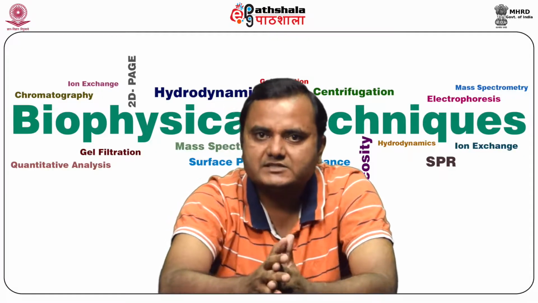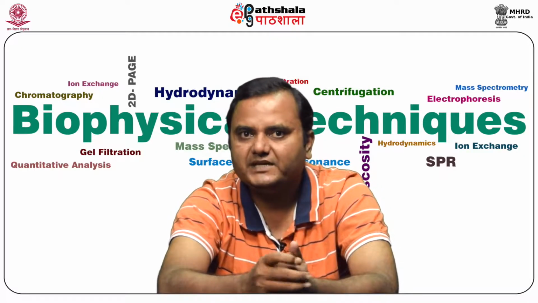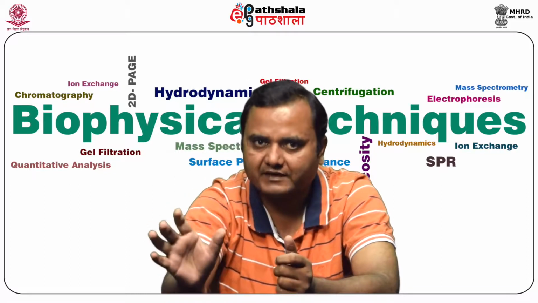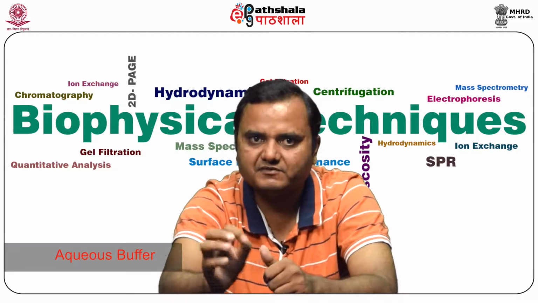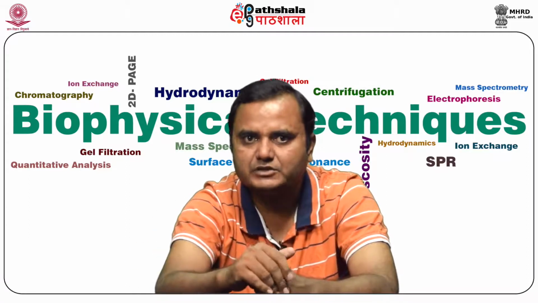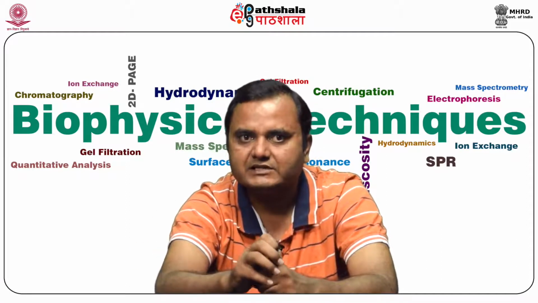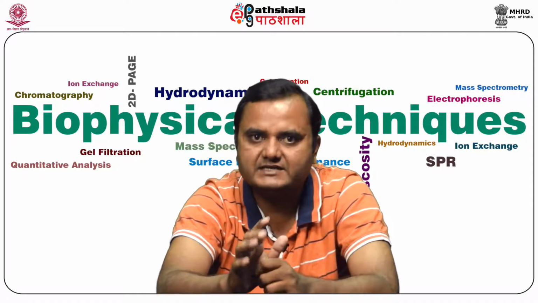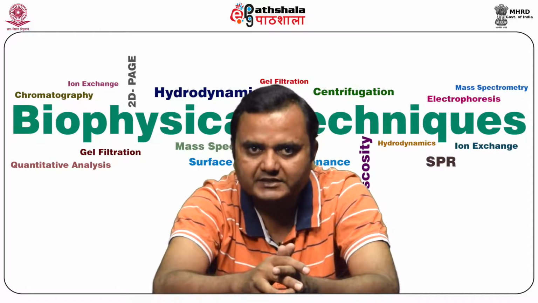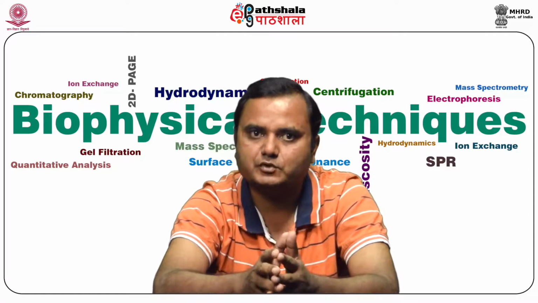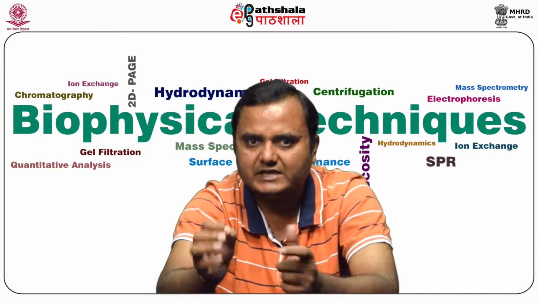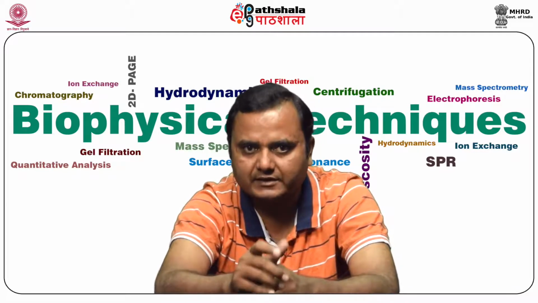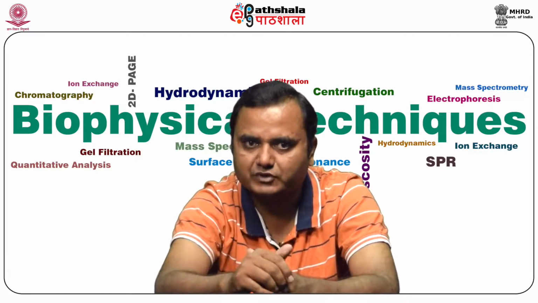To run density gradient centrifugation, media selection is a very important factor. In the media there are different kinds of things. First is the aqueous buffer, that is, the water-based buffer that is used to separate molecules with widely different S values. S is the Svedberg unit, for example nucleus from the ribosome. Sucrose or glycerol gradient is used as a cushion for isokinetic or rate zonal centrifugation.